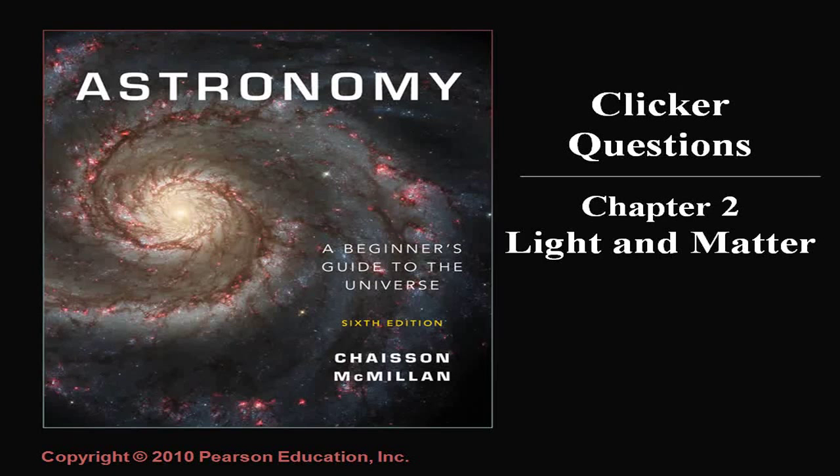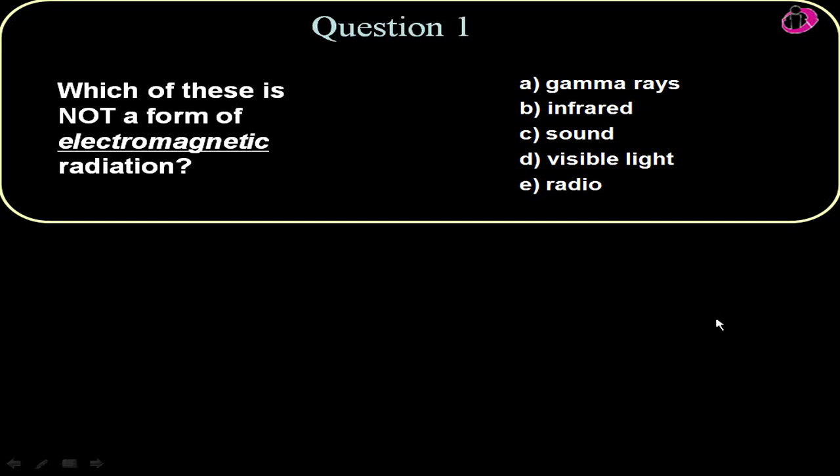Let's go over some review questions for Chapter 2, dealing with light. And try yourself out on this. Which of these is not a form of electromagnetic radiation? We have gamma rays, infrared, sound, visible light, radio.